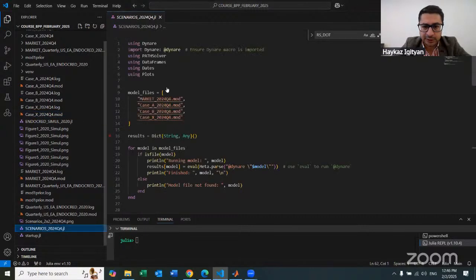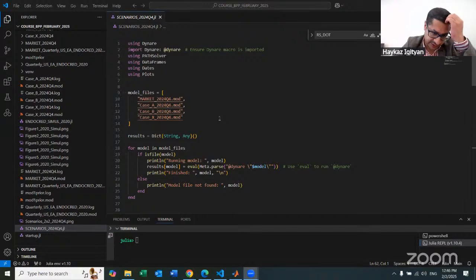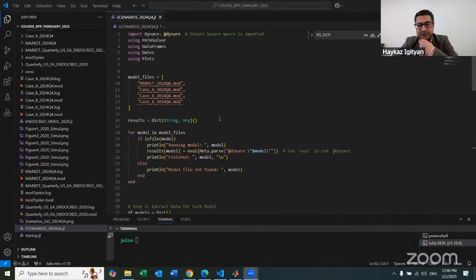Let me open these scenarios, 2024 Q4. What we have here, again, using Dynare, just all the packages we just installed, and Julia allows us to write the code in a way that it can simultaneously run all four. So we have market, case A, B, X, and plot all 4 results in the same figure or graph.